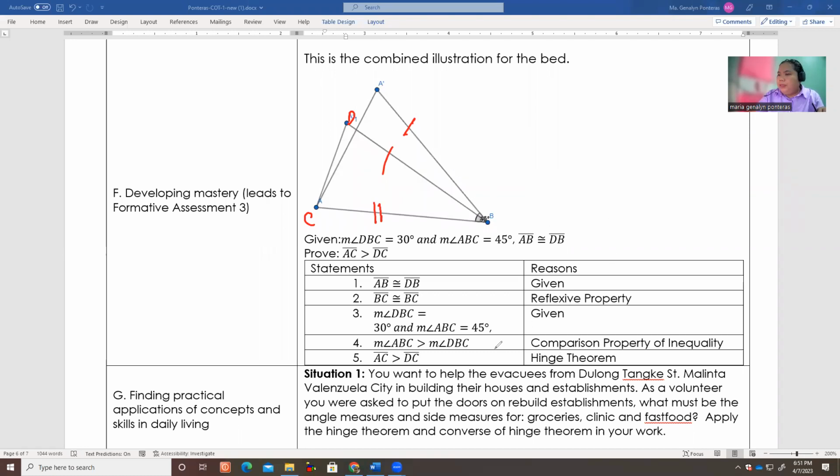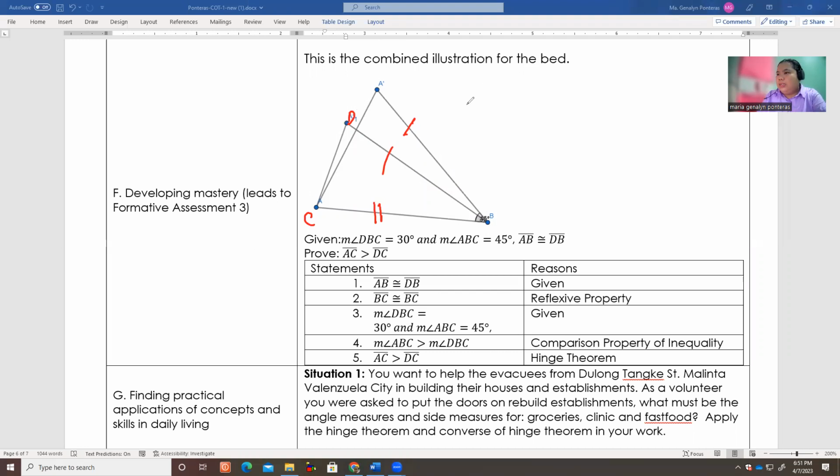Then, angle DBC and angle ABC are 45 degrees given. So we can say that ABC is greater than DBC, by comparison property of inequality. So AC is greater than BC.